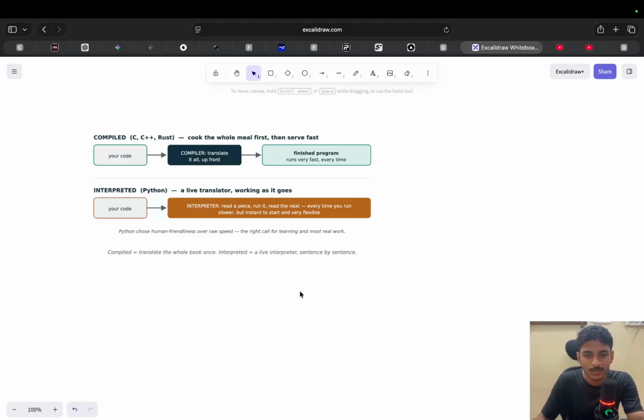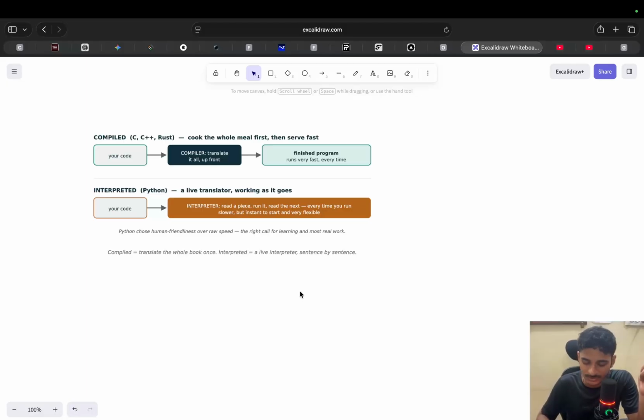I'll be explaining that later. Generally people say Python is slow because it measures line by line. That is not so reasonable. I'll tell you the real reason why it might be slower than a compiler.